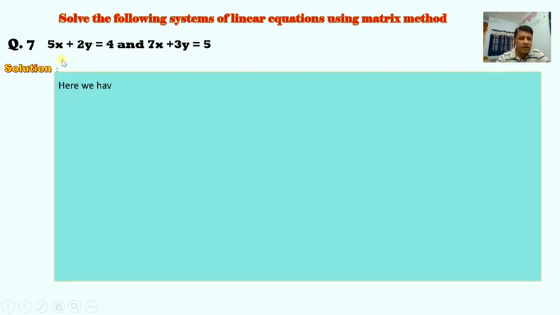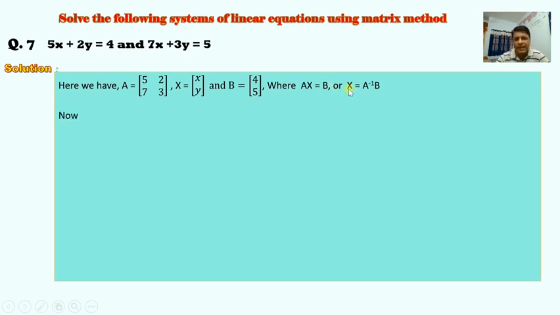We have A is equal to this, 5, 2, and the second row is 7 and 3. For X, we have only two variables, so we'll write here x and y, and the B matrix is the right hand side, 4 and 5, where AX is equal to B, that is our question.